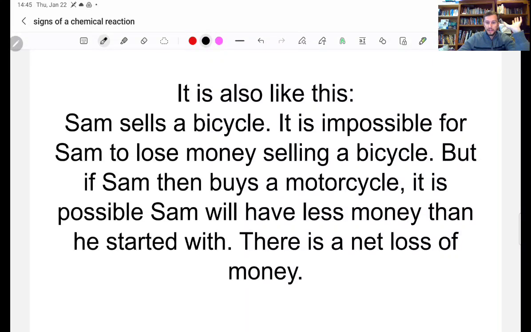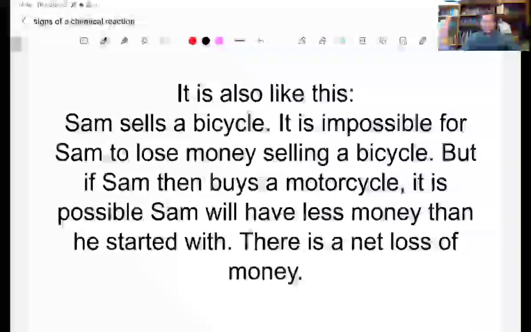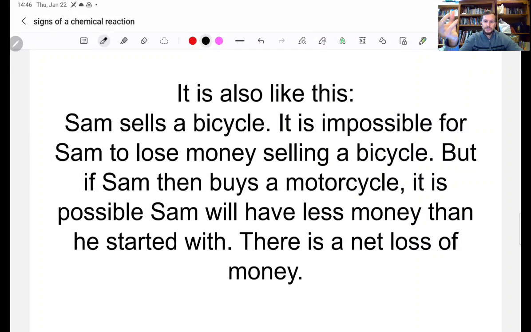So just like bonds formed always release energy, Sam selling his bicycle will always cause a certain change, or let's say if he's gaining money, it would be like gaining energy. So breaking bonds always requires energy, right? Like Sam selling his bicycle means he's getting more money. Breaking bonds always means there's more energy entering.